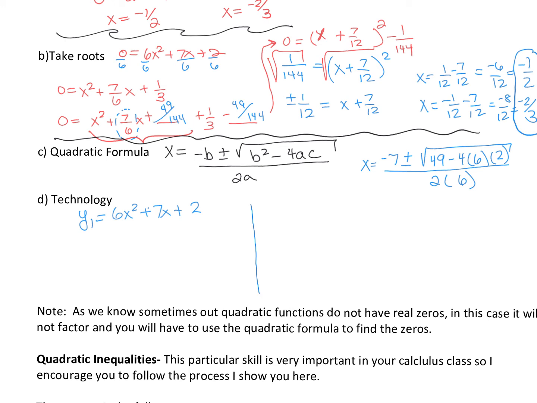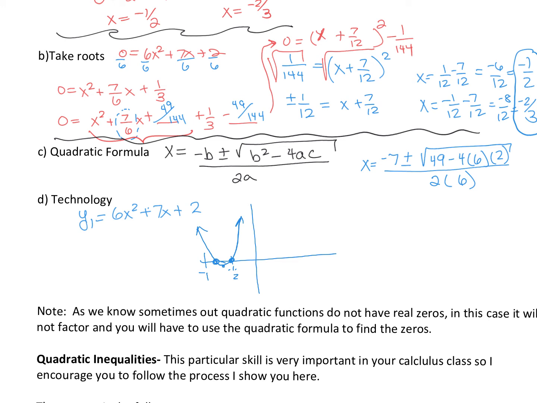So if I use technology to graph this, we're going to have negative 2/3 and negative 1/2, and I only know that because I've already done the work above.